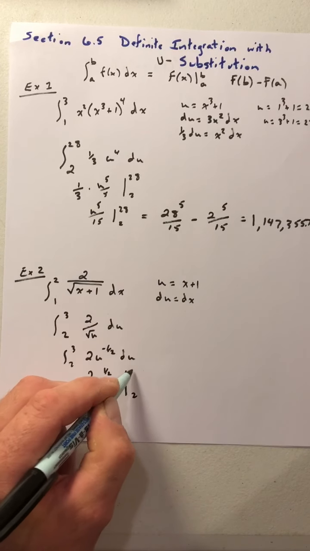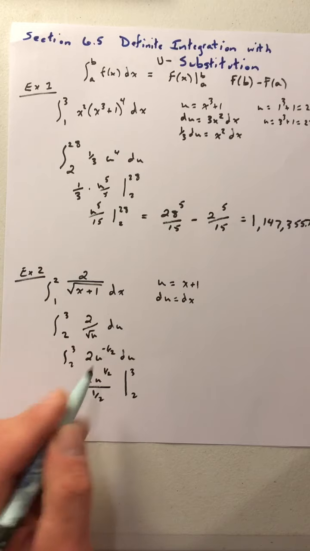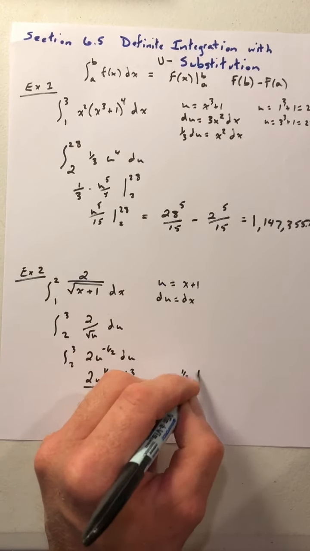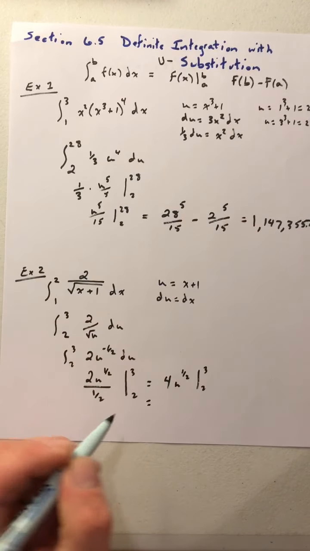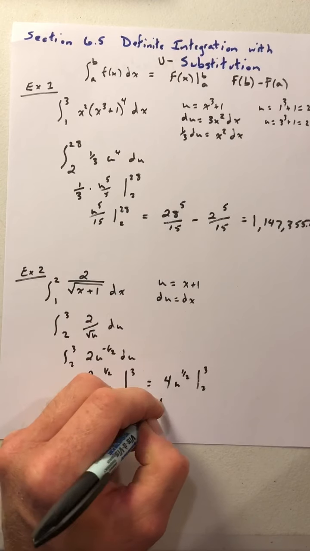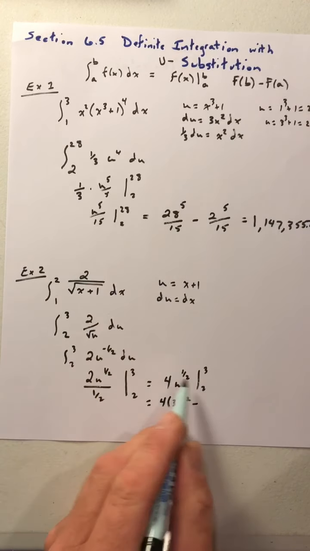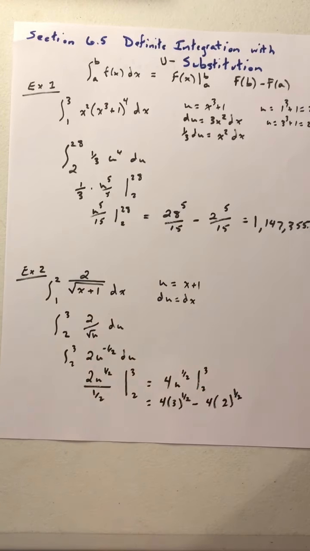Again, we're going from 2 to 3 with this example. 2 divided by 1/2 gives me 4u to the 1/2 from 2 to 3. I can go ahead and plug in my 3. So I have 4 times 3 to the 1/2 minus, plugging in my 2, 4 times 2 to the 1/2.